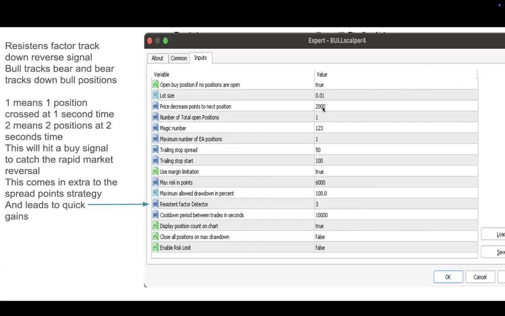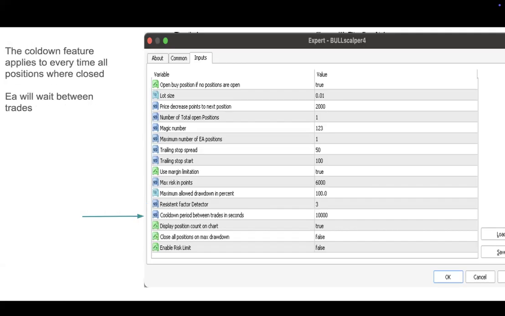That means if we had this one really, really big and the EA crossed over one or two or three sell positions, it will trigger a buy position. And of course, you can use it or you can not use it. It's up to you.